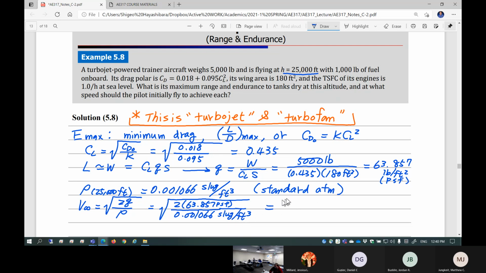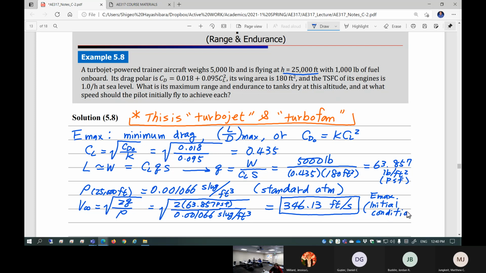So this is going to get you the airspeed: 346.13 feet per second. This is the required airspeed at the beginning of this flight for maximum endurance, E max. This is, by the way, on the initial condition.